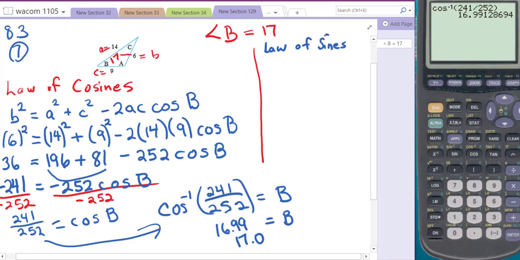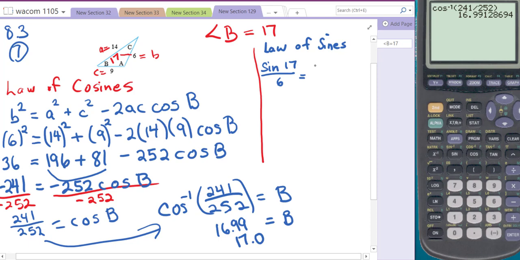All right, and I want to solve for an angle. So I'll put the angle on top. All right, and the pair I'm going to use is B and side B. So I'm going to do sine of B. So sine of 17 over 6 equals, and I'll find the next side, the next smaller one, which will be C, because it's opposite the 9.